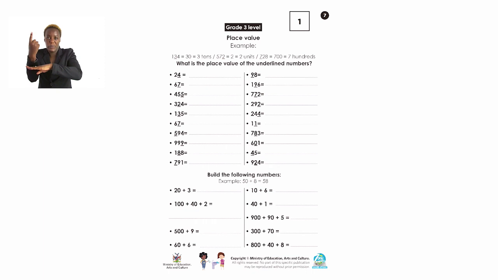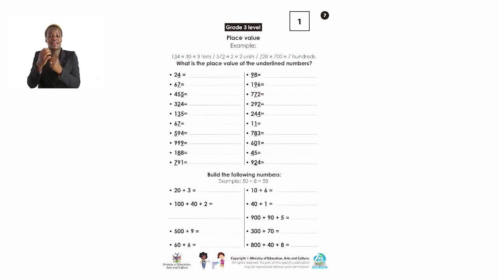We can see the middle one stands for the tens. So the tens is the one that has been underlined. It asks us about the value of the number. The value means if we add 3 tens together, we will have 30. But the place is the tens place. Can you see how it's been decomposed?